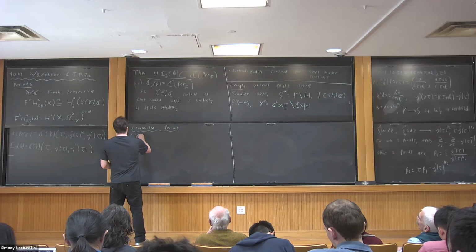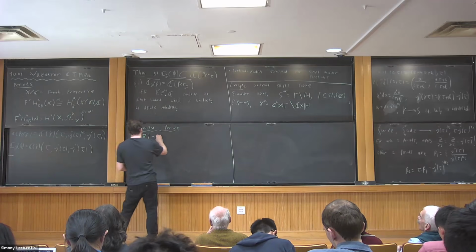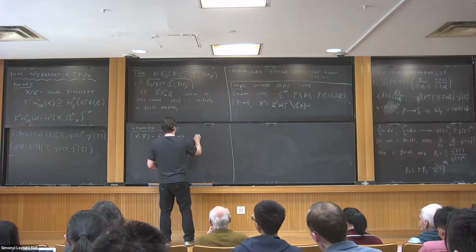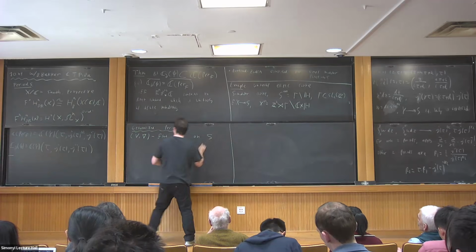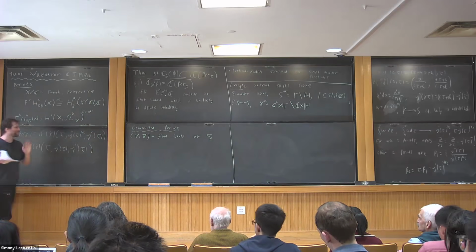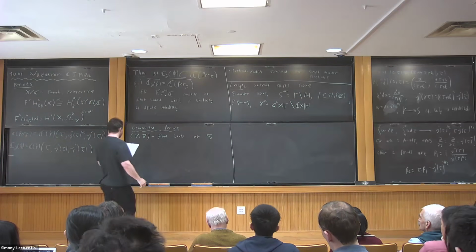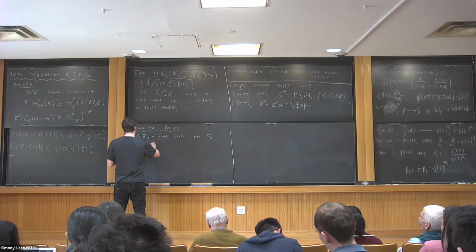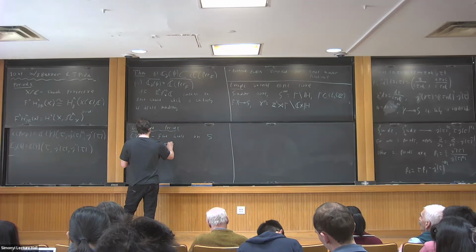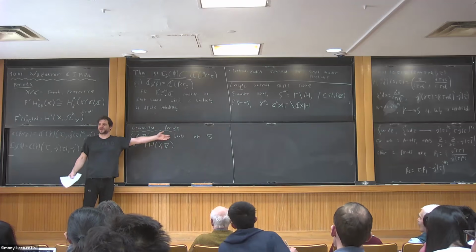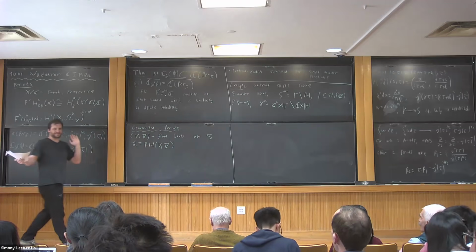So what you can do is you can let this be a flat bundle over S. And now sometimes I'll write V just and remove the connection just because I'm lazy, but you need the connection for almost everything. And let L be the local system. The Riemann-Hilbert correspondence in the easy direction, which is just look at the flat sections, you get some local system. End of story.